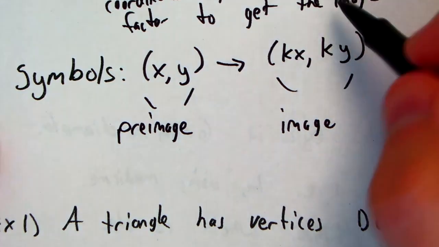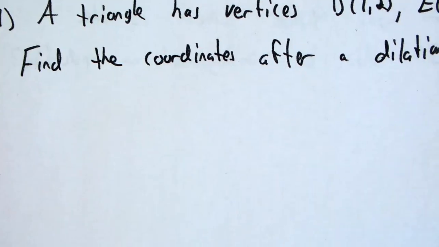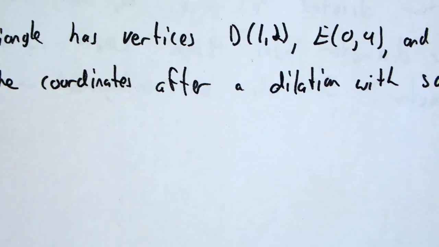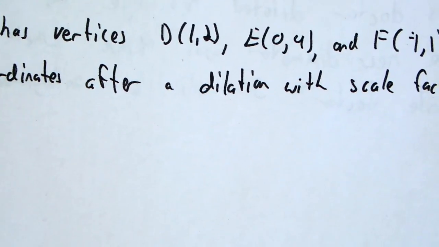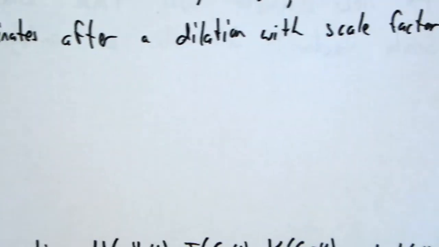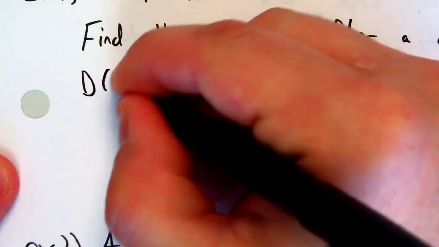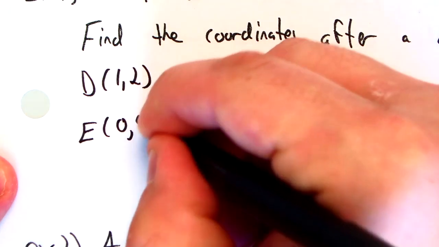All right, so example 1, it says a triangle has vertices of D (1, 2), E (0, 4), and F (-1, 1). Find the coordinates after a dilation with scale factor 3. So let's go ahead and do that. D was originally (1, 2). E was (0, 4).